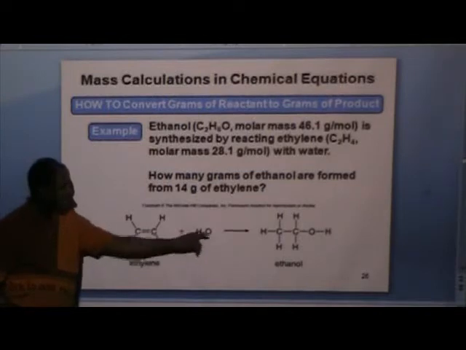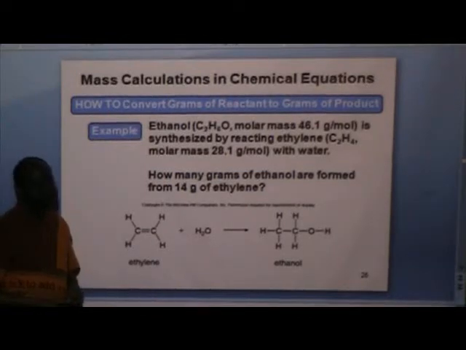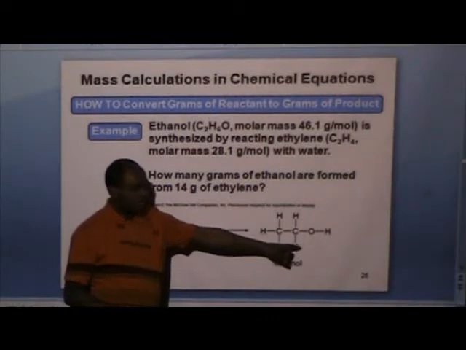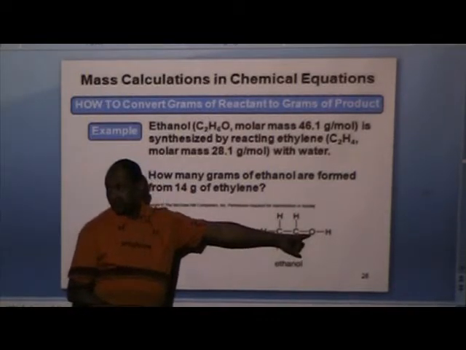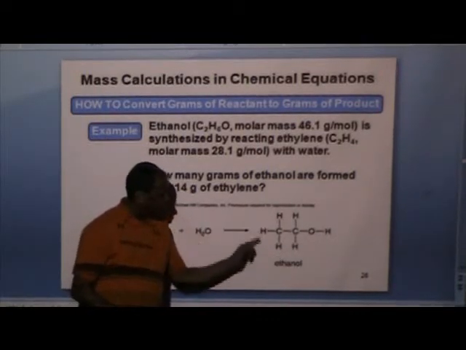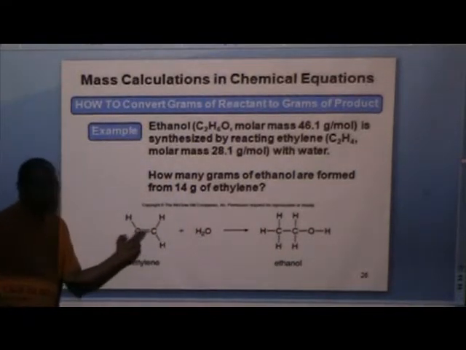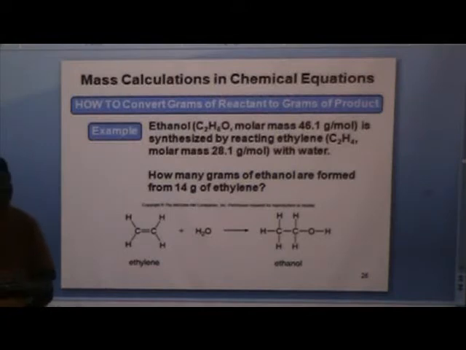How many oxygen? 1. Now the product side: how many oxygen? 1. How many hydrogen? 6. How many carbon? 2. So the equation is balanced, and we don't need to balance it.